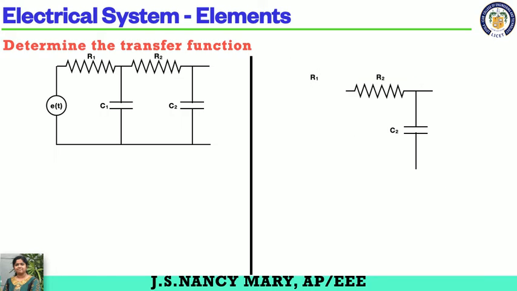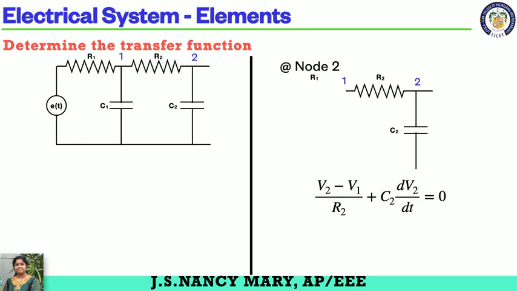Now let me move on to the next node, that is my node 2. Now for the node 2, you have R2 and C2 connected. So the current across the R2 will be V2 minus V1 by R2, and the current through the capacitor will be C2 into dV2 by dt, which is equal to 0 as there is no source connected.